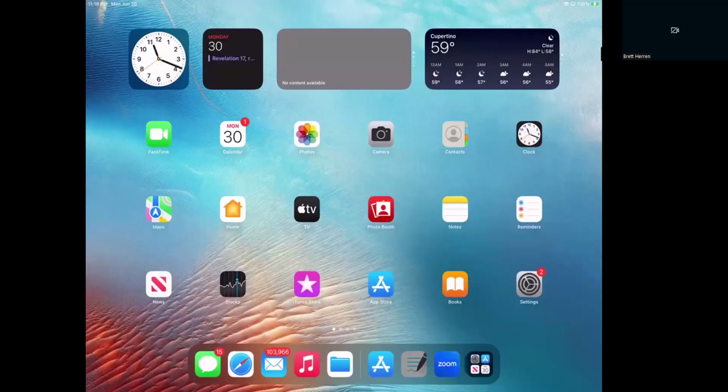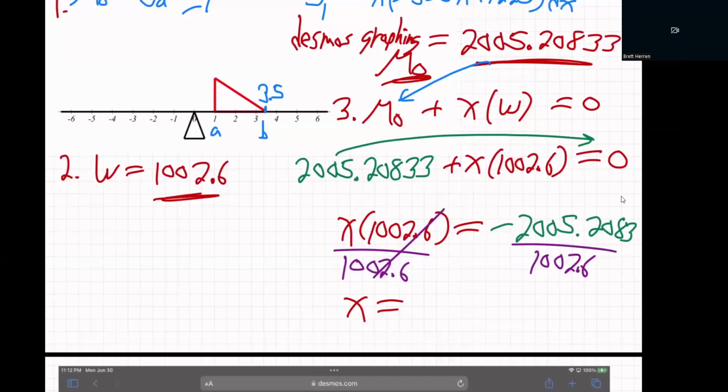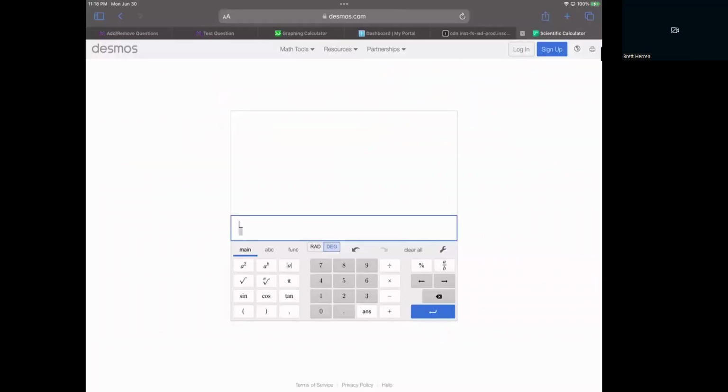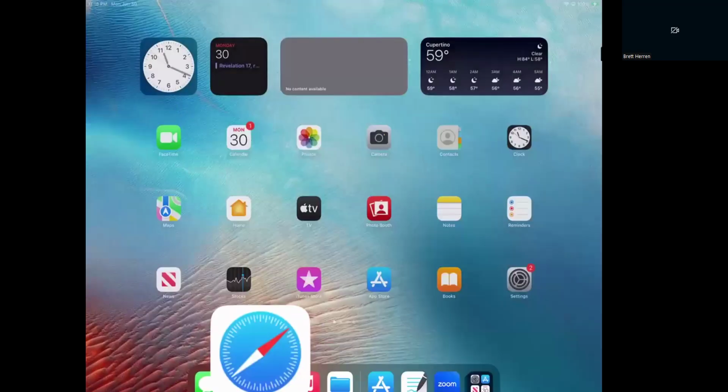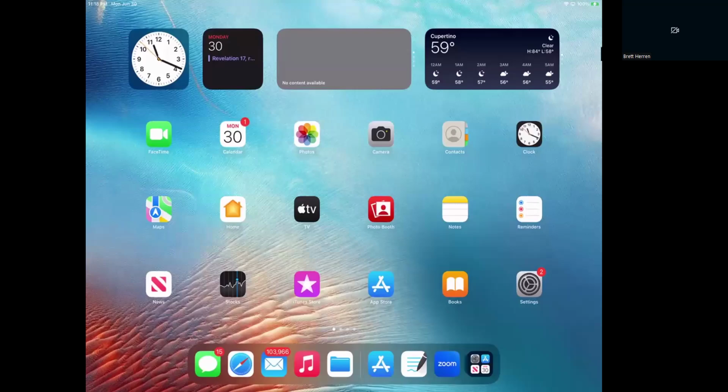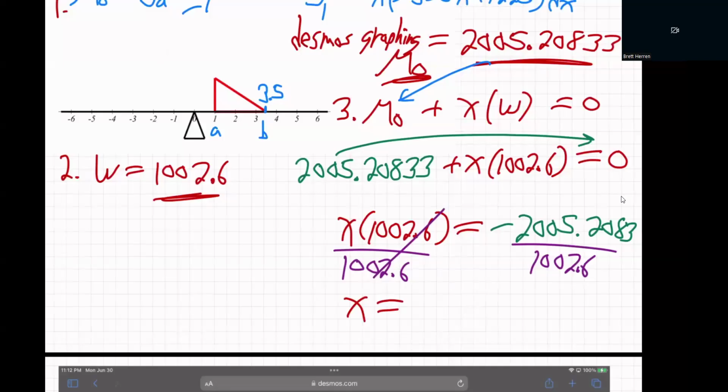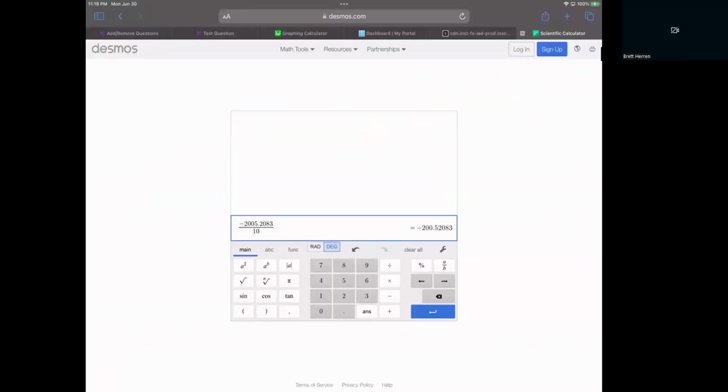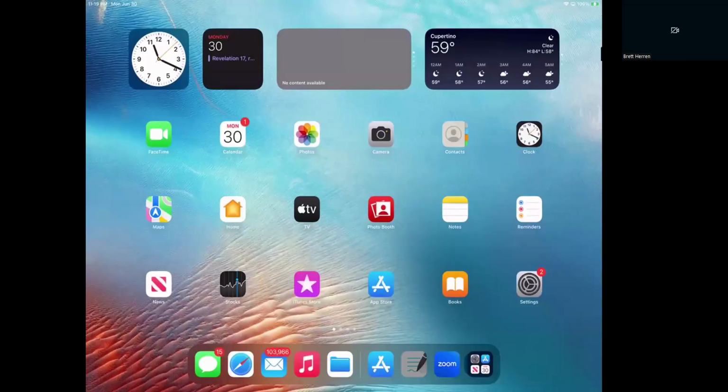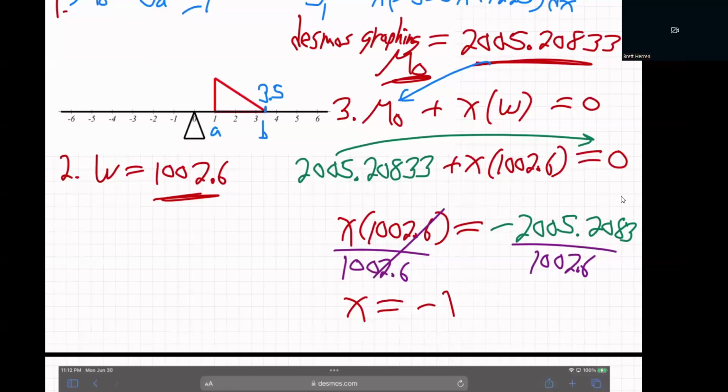It was negative 2005.20833 divided by 1002.6. Equals, see, I get negative 2 point with a bunch of zeros. So it's basically negative 2. So x is negative 2.